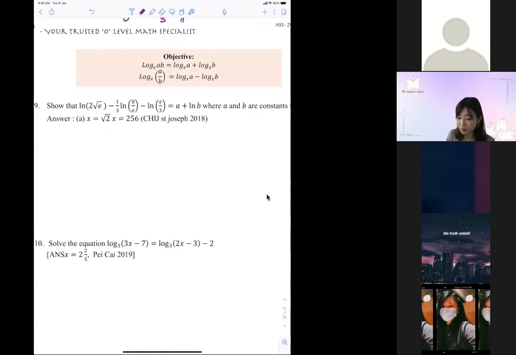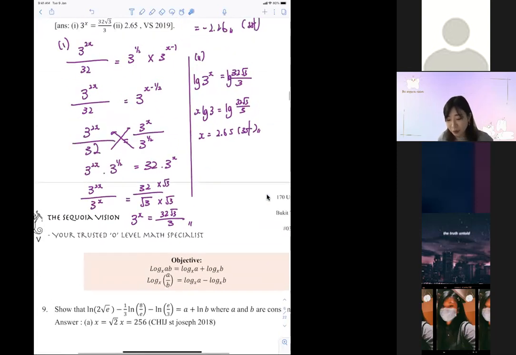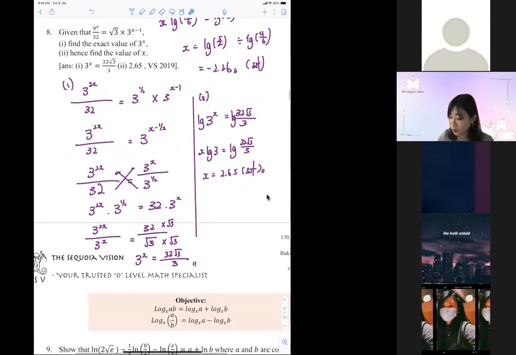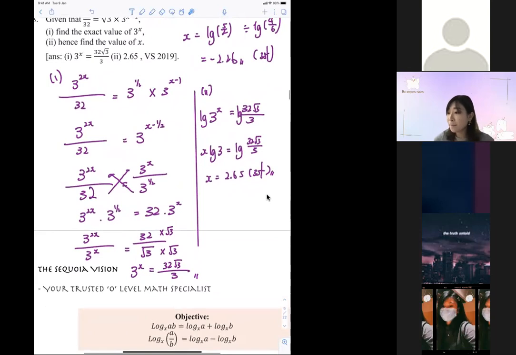Okay. Now, this one. Wait. Everybody done copying already? When you're done copying, help me put a thumbs up, can? Sorry, no one done copying. Okay. All right.